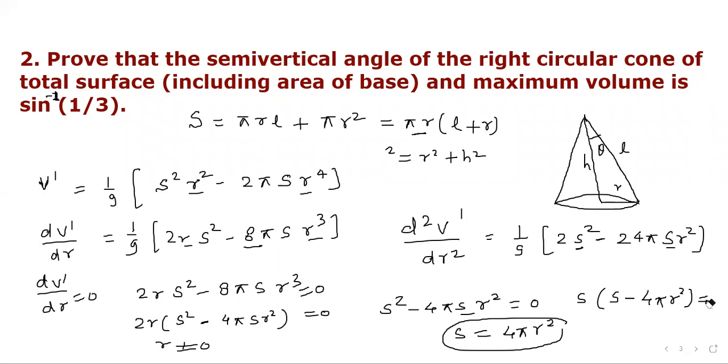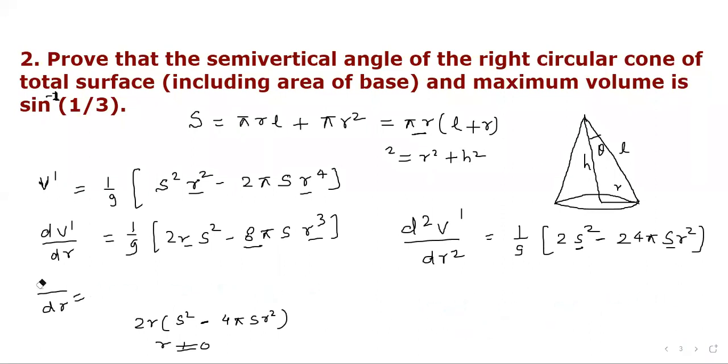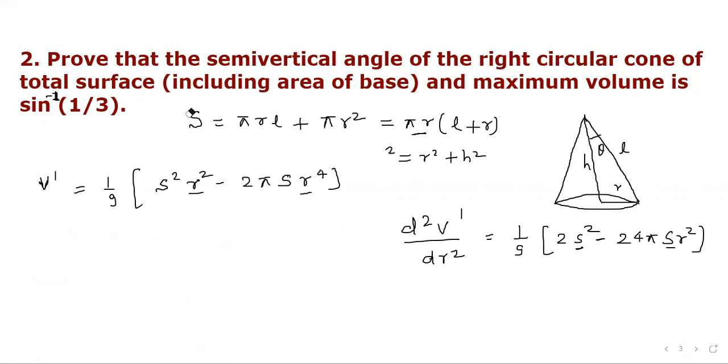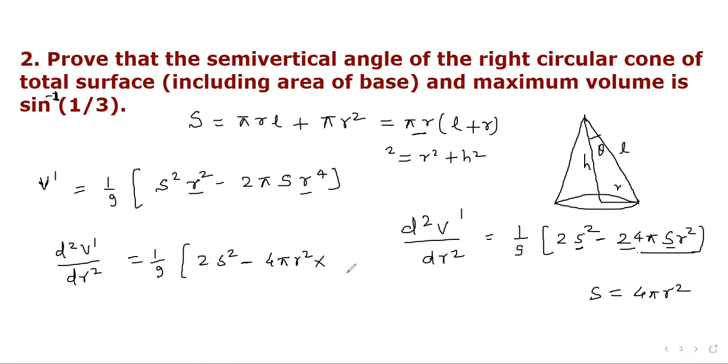So let's check the sign of the second derivative. d2v dash divided by dr2 at s equal to 4 pi r square gives 1 upon 9 times twice s square minus, if we take out 4 pi r square, it will be 6s, and 4 pi r square is s itself.